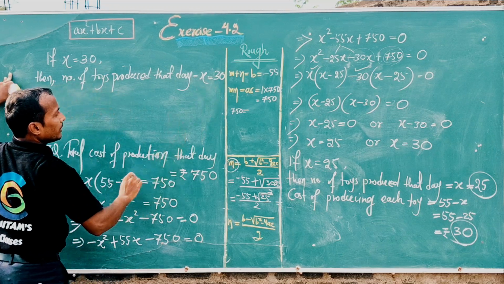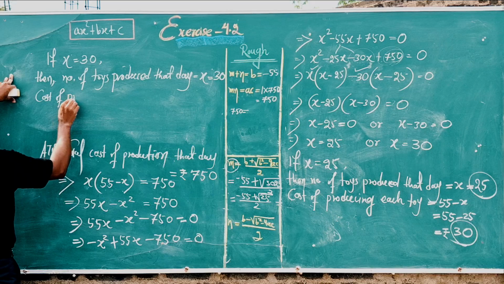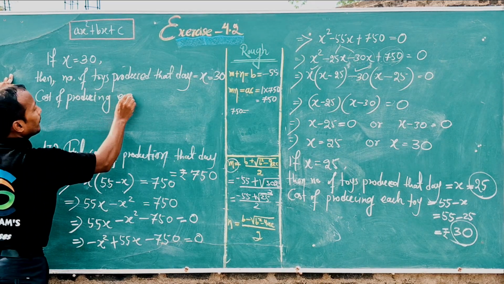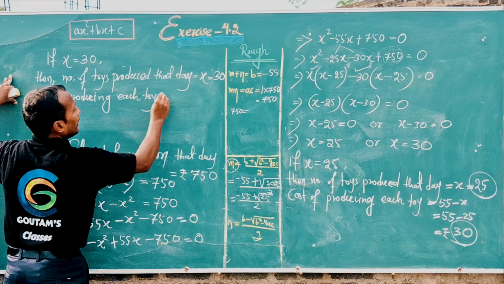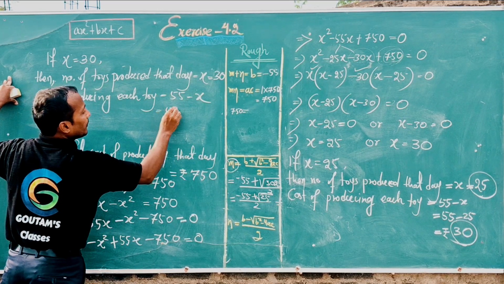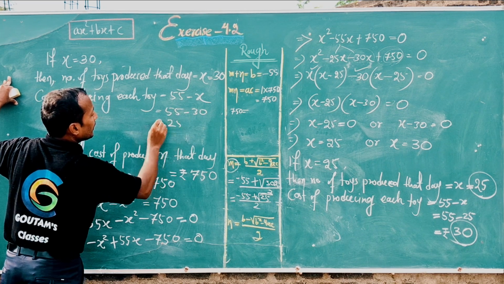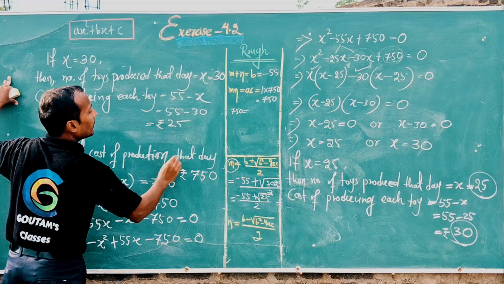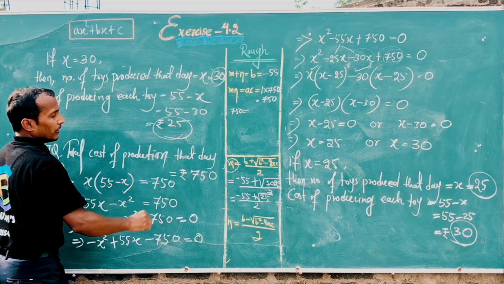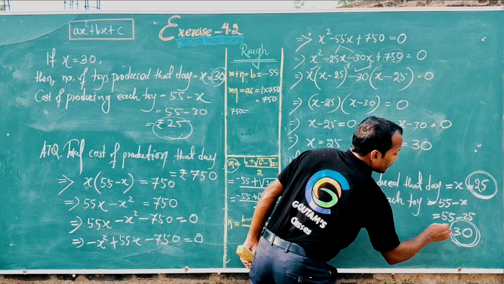Okay, 30 toys produced on that day, and cost of production or cost of producing each toy is 55 minus x. So 55 minus 30 means rupees 25. So if you take number of toys produced on that day is 30, then cost of producing each toy is 25. If you take number of toys produced is 25, then cost of production is 30.